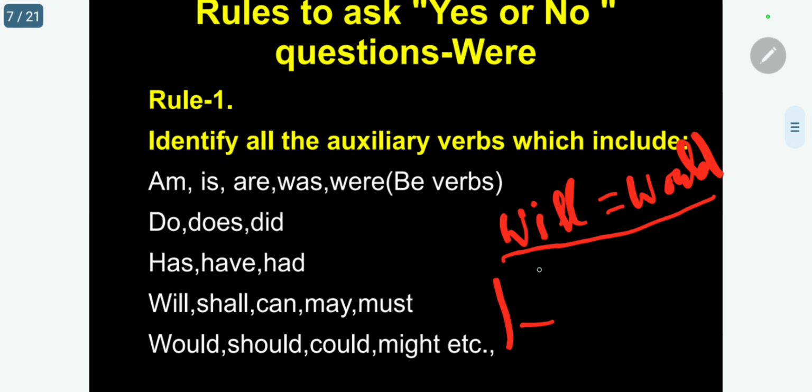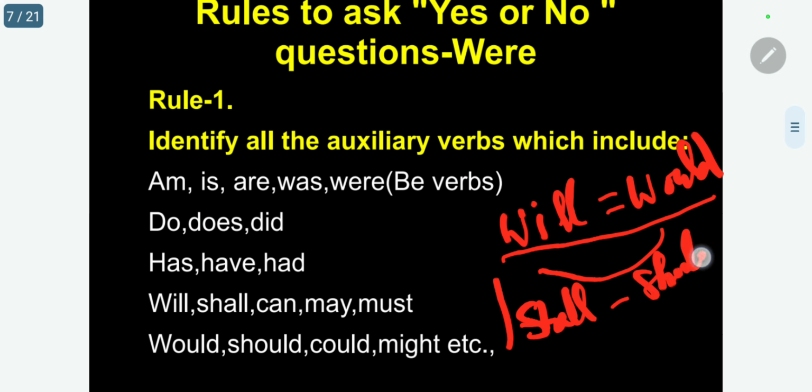So what is the main difference between will and would, shall and should? I can explain. Would and should are used for a short-term future. If you are going to do something within a short period, use would and should.